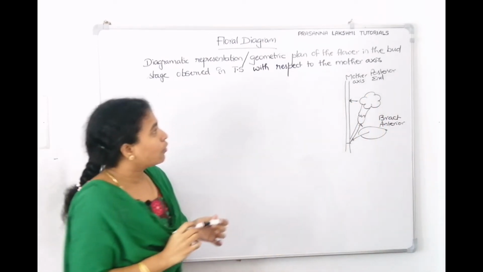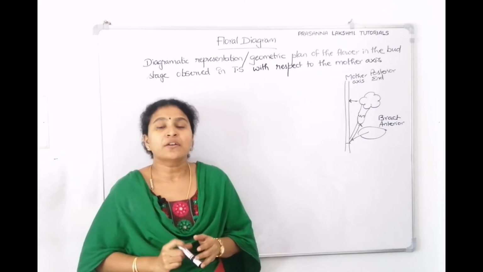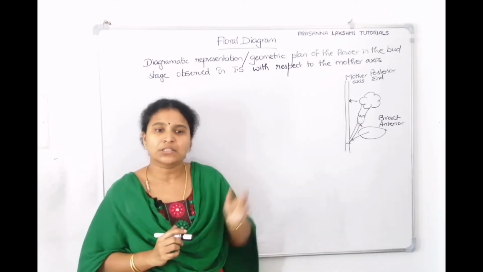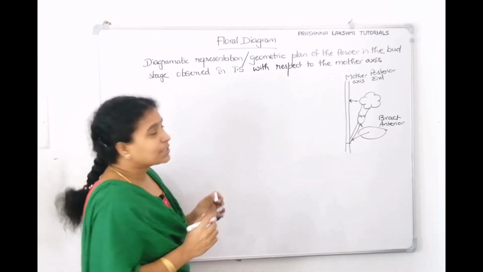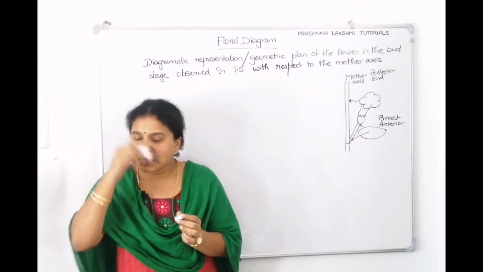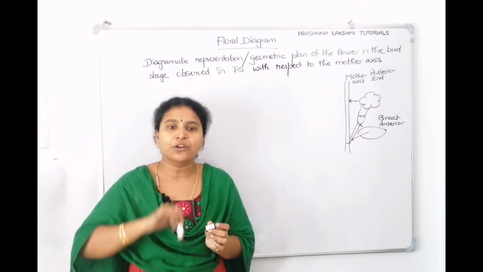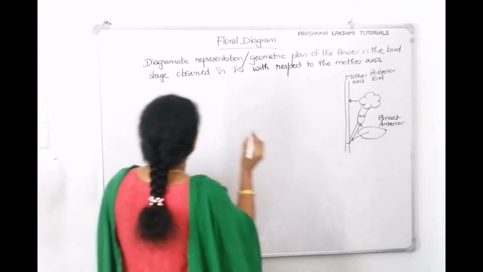Now, when we need to draw the floral diagram, how do we symbolize? We are telling it's a transverse section representing the bud stage, with reference to the mother axis. Now, what symbols do we use? If it is actinomorphic, we use circular symbols. If it is zygomorphic, we use an elliptical symbol. For example, how do you represent the mother axis?